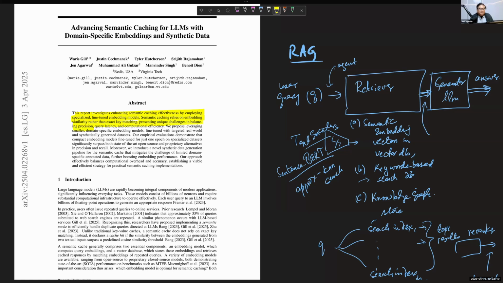I think we have done that as we realized that if we are not precise, if your semantic caching doesn't yield precise answers, if you ask, help me understand type 1 diabetes, and it returns you the answer to type 2 diabetes, you lose. Obviously, that lack of precision is horrendous.